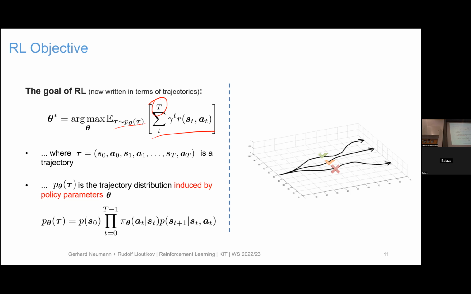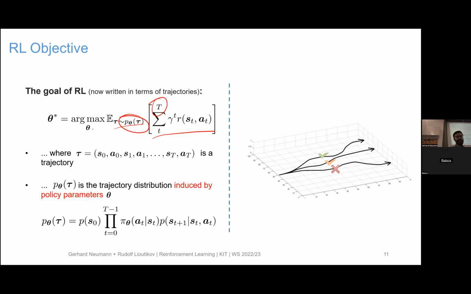It's basically a sequence of states and actions of size T. And for this sequence, I can compute the probability of this trajectory. How likely is it that I see a certain trajectory? And then I can do this expectation. That's exactly what this trajectory distribution here is telling us: how likely is a certain trajectory?